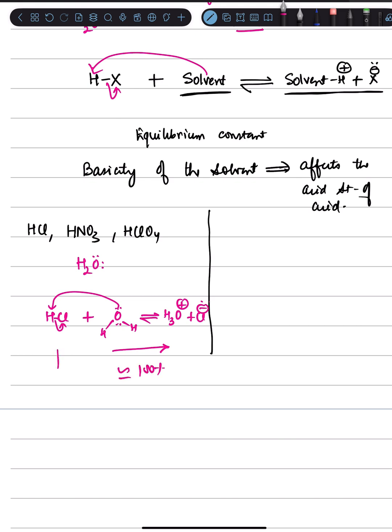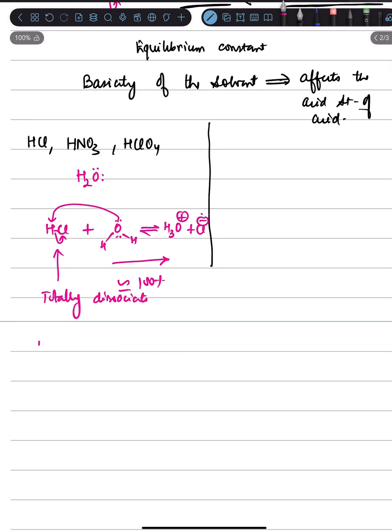That is, hydrochloric acid is totally dissociated. So is the case when you dissolve nitric acid in water. Again, the reaction is almost 100% towards the product side. So is the case with perchloric acid.